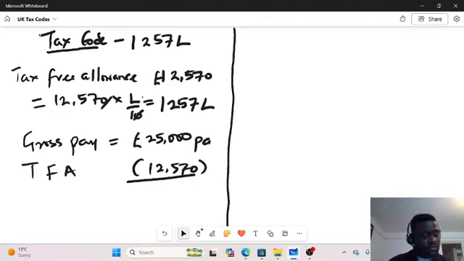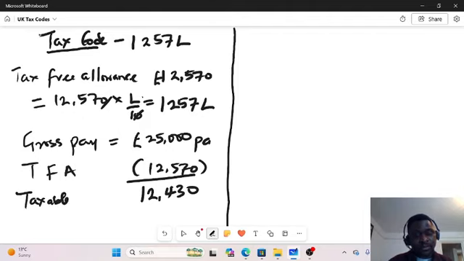25,000 minus 12,570 means what will be taxed in your salary will be 12,430. So your taxable income will be this amount.